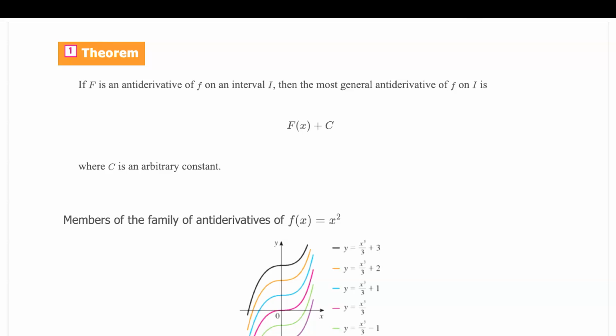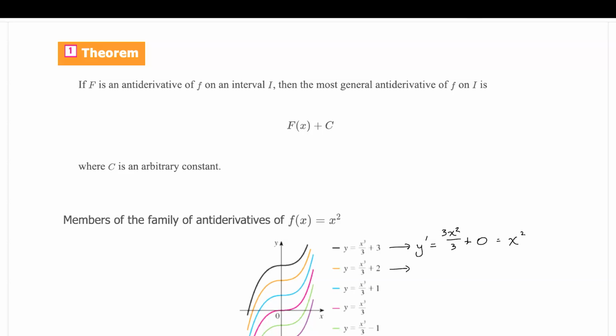The family of antiderivatives, and you notice they all differ by a constant that has the effect of shifting the graph up or down. But you notice, for example, if we start at the very top with this black curve, y equals x cubed over 3 plus 3. If I take the derivative, y prime, I get 3x squared over 3 plus the derivative of the added constant 3 is 0, and of course the 3's cancel and I get x squared back.